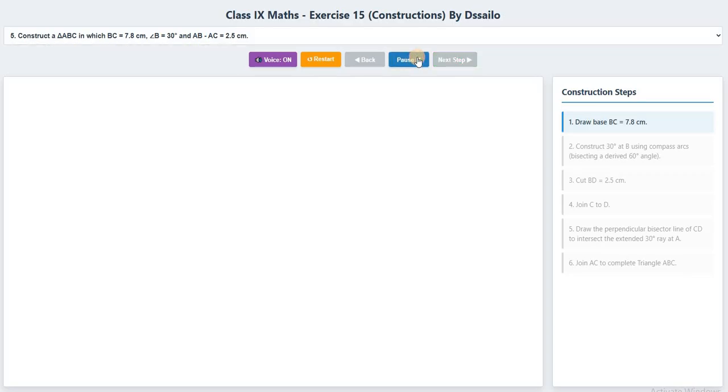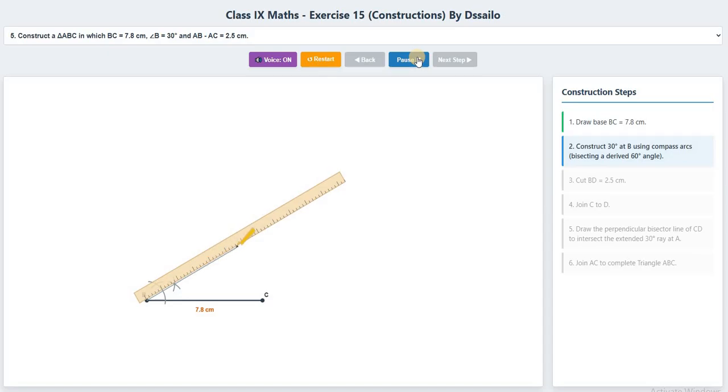1. Draw base BC equals 7.8 centimeters. 2. Construct 30 degrees at B using compass arcs, bisecting a derived 60 degrees angle. 3.